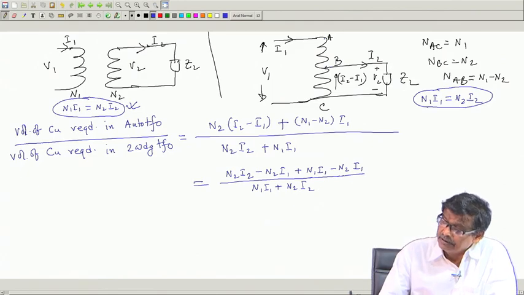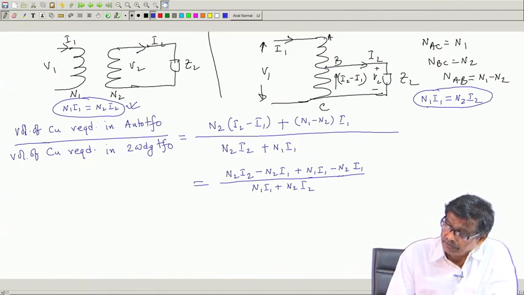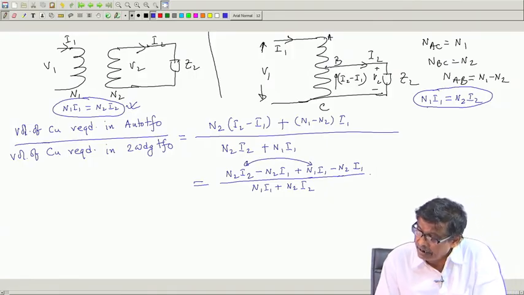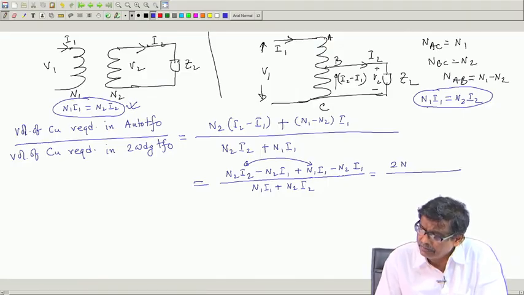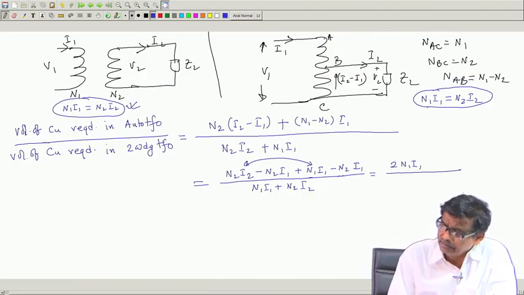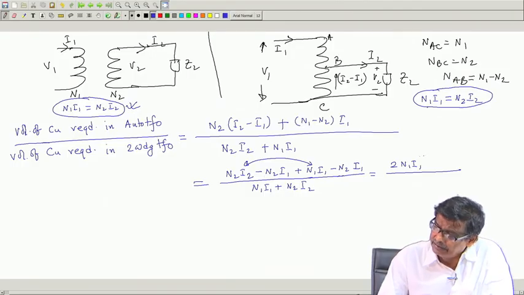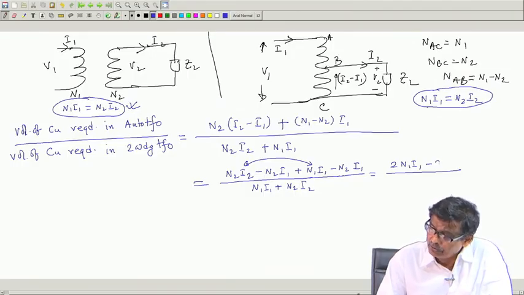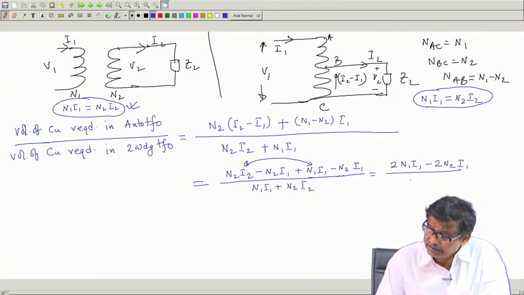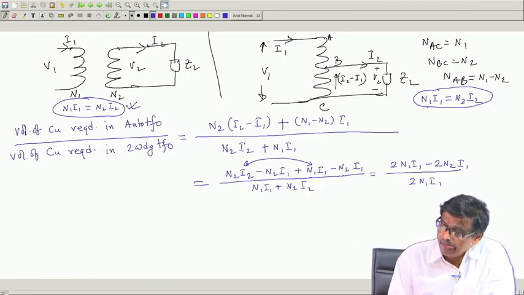But N1 I1 is equal to N2 I2 from both these. So, these two can be combined and simply written as 2 N1 I1, is it not, and this is minus 2 N2 I1, that is this term and this term, and below it is 2 N1 I1, I can write, is it not.